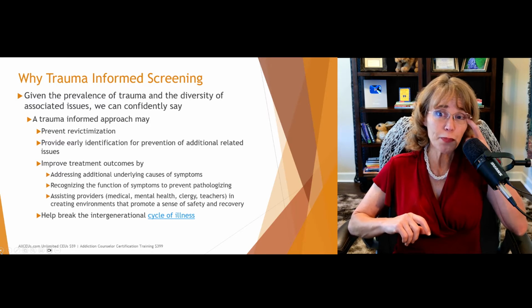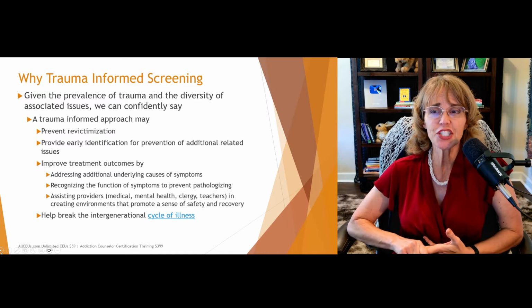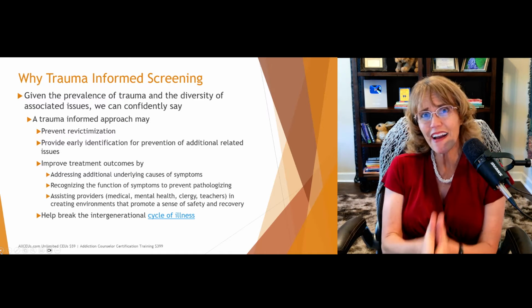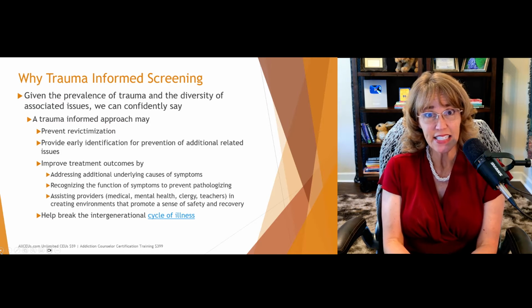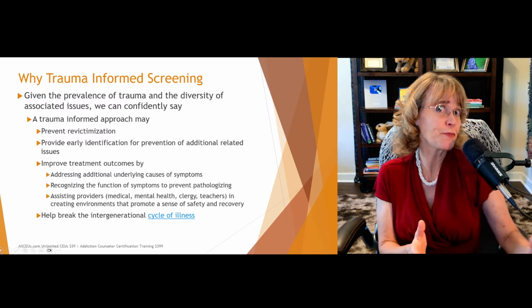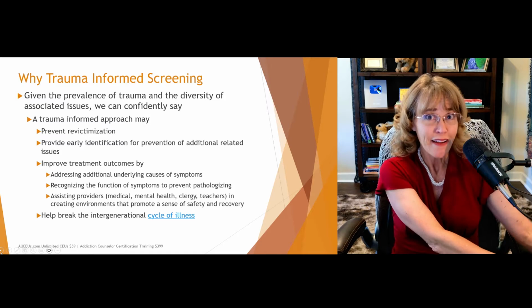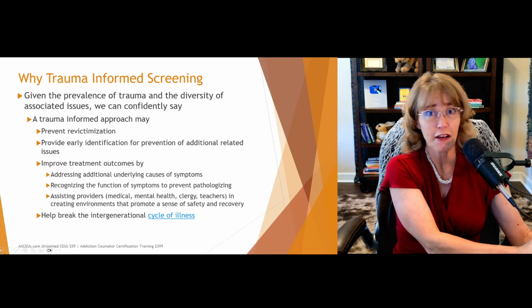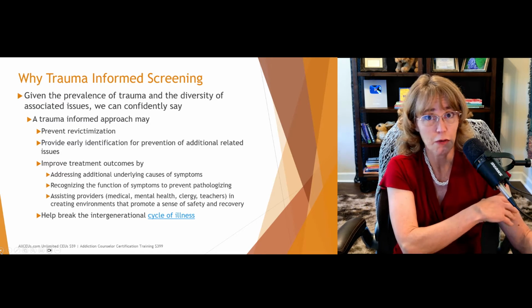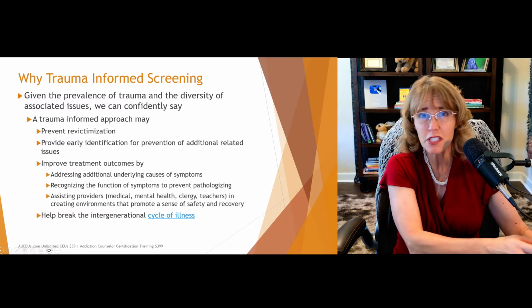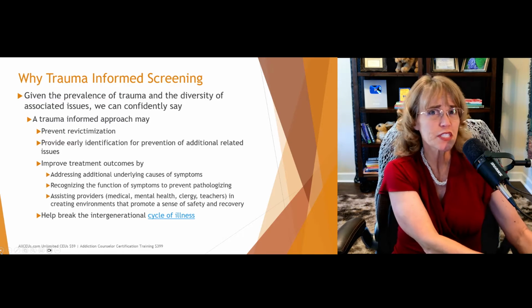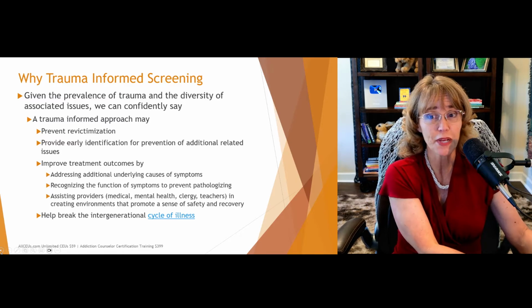A trauma-informed approach provides early identification for prevention of additional related issues. If we recognize that, let's be optimistic and say we recognize early on that Junior experienced trauma of some sort, maybe parent or step-parent was abusive, whatever. Junior's experienced adverse childhood experiences.